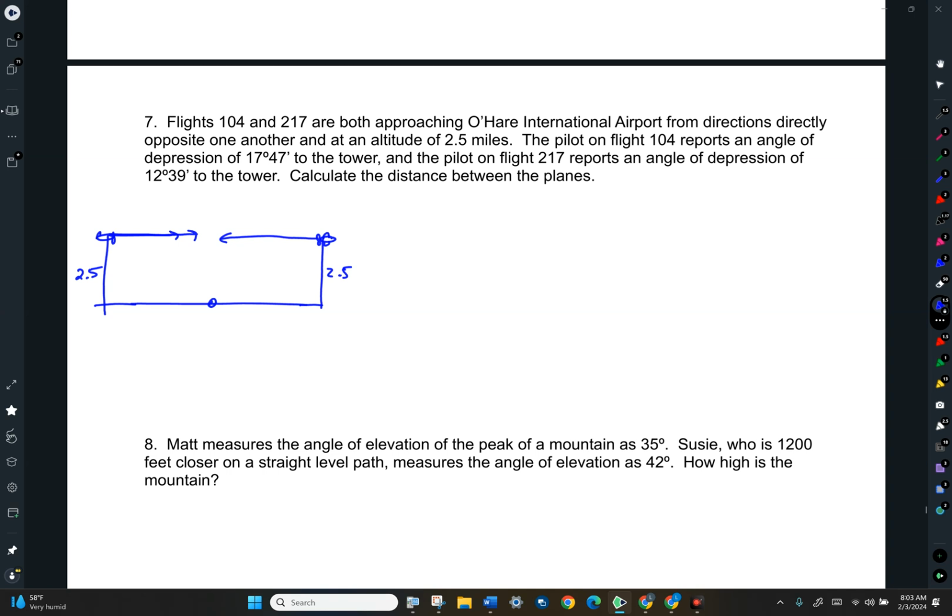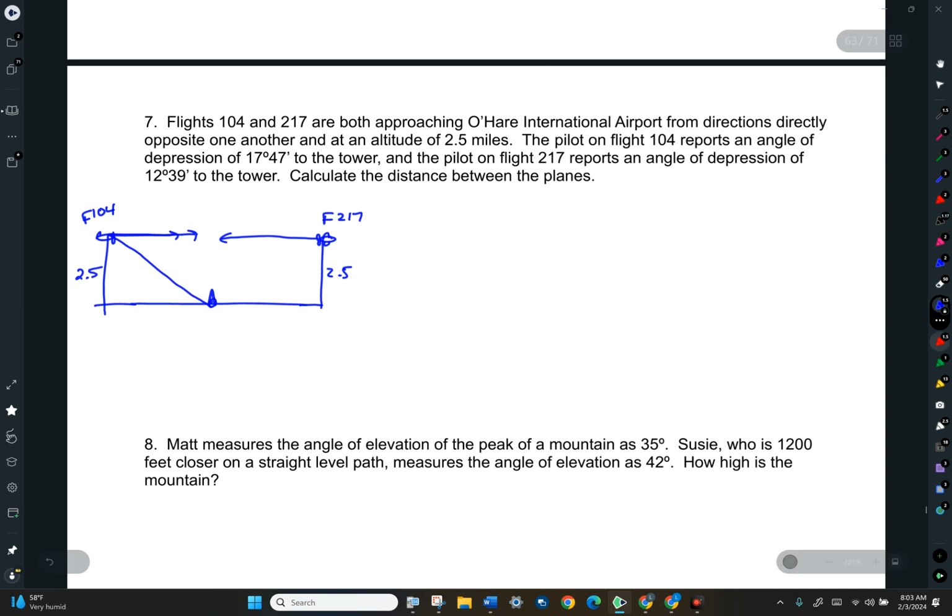Let's call this flight 104, and this one flight 217. The pilot on flight 104 reports an angle of depression of 17 degrees and 47 minutes to the tower, the tower down here at O'Hare. So when he looks down at the tower, that angle is 17 degrees.